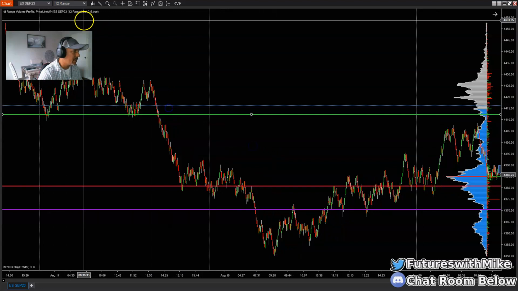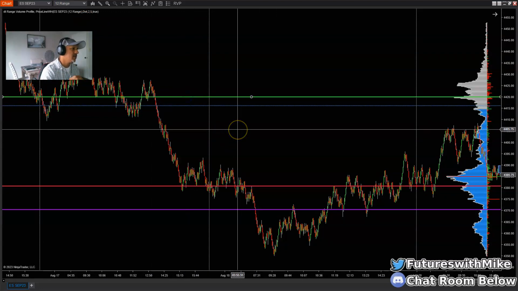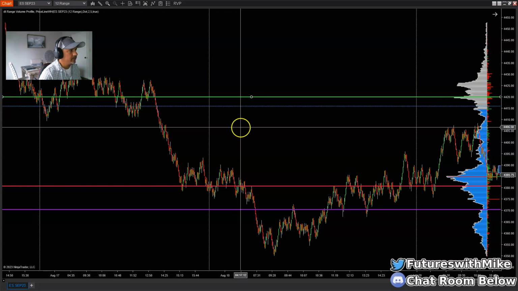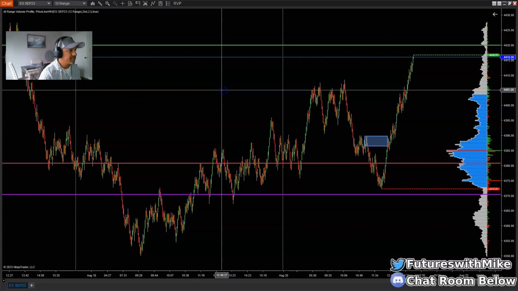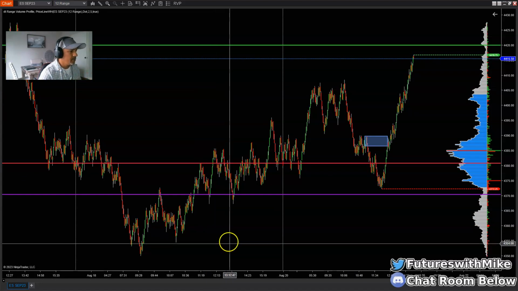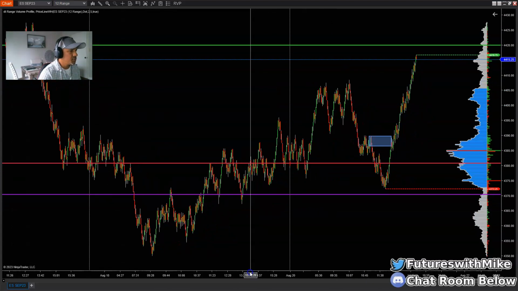So I could really start to narrow things down and move this line when I drop down to my 12R and put it right here around the 20 area. So that would be my zone of interest now that I've identified both the 60R supply and now a supply zone on the 12 range. Okay, so we're approaching that area, and if I see something kick off or we get some means of rejection there, then I'll probably take a short entry.